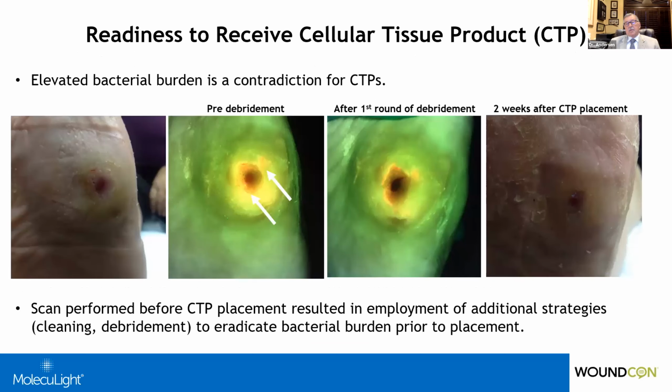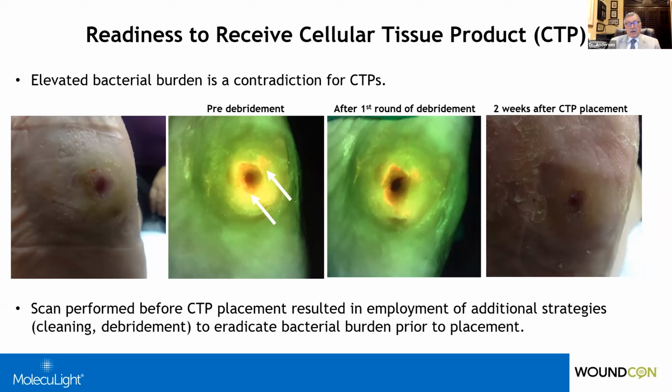One of the things that's very important, in addition to giving us information that can guide the therapy that we elect, it can also help us not doing certain kinds of therapy.